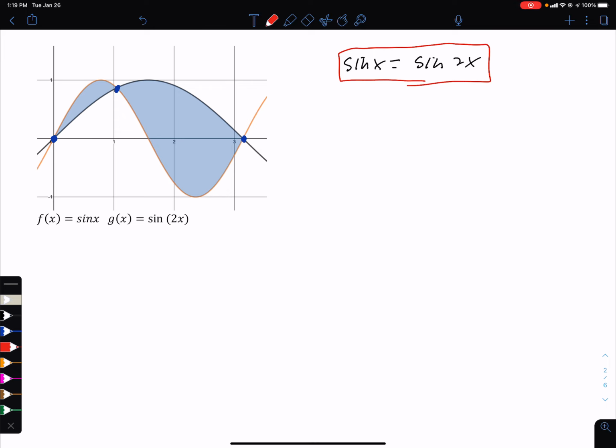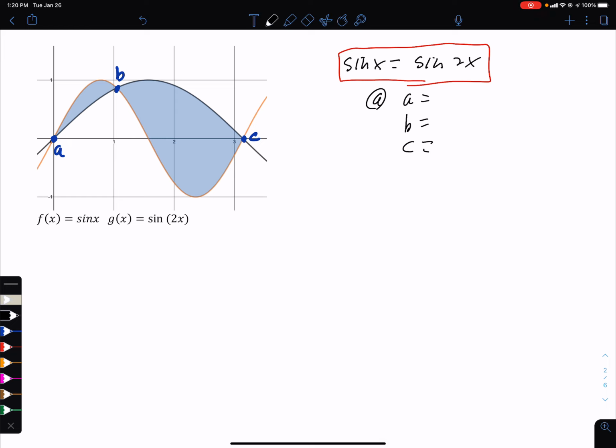So on your calculator, you're going to find those, and I'm going to show you a few things. I'm going to call this first one A, this B, and this C. And so while I'm here, I'm going to say A equals, B equals, and C equals. You're finding the 3 points where they equal each other.